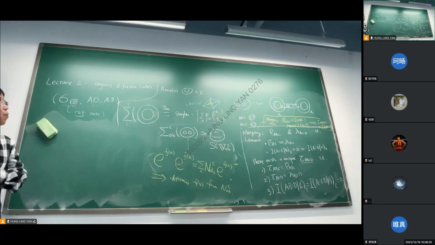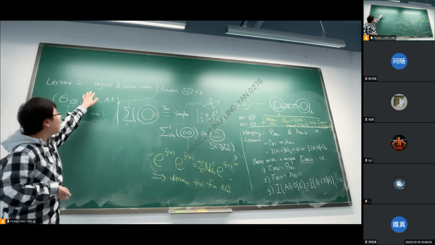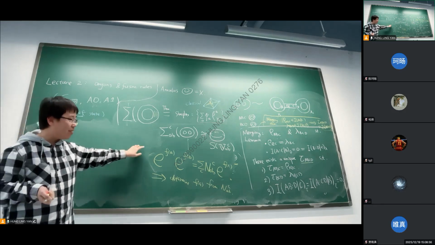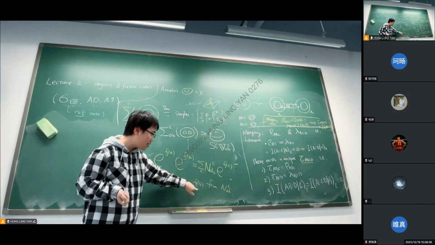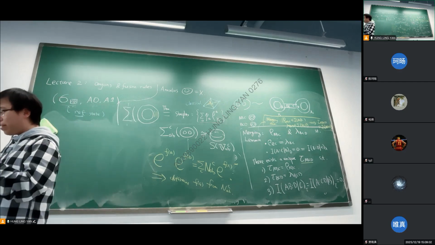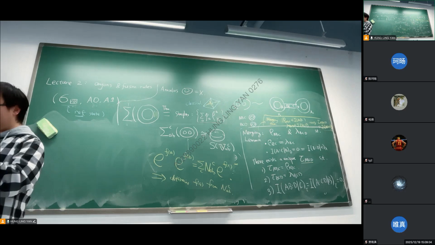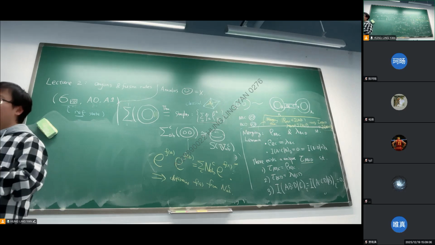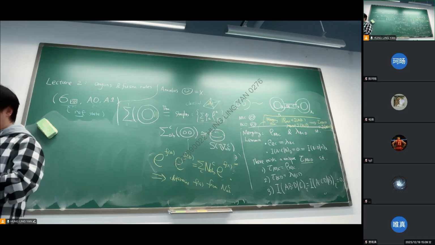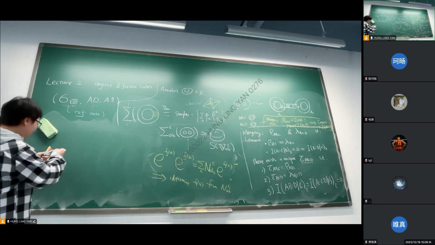Today I tried to define anyons and fusion rules and derive some non-trivial consequences, like the entropy difference being quantized according to some constraint. But we didn't answer anything about braiding statistics. The anyon is about the non-trivialness of the braiding property. That's another topic.